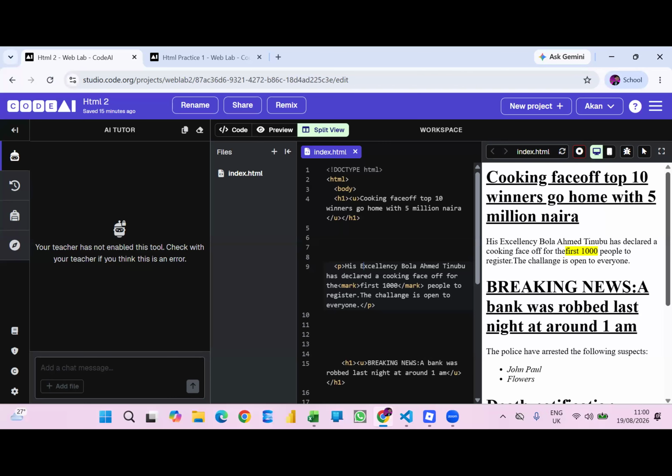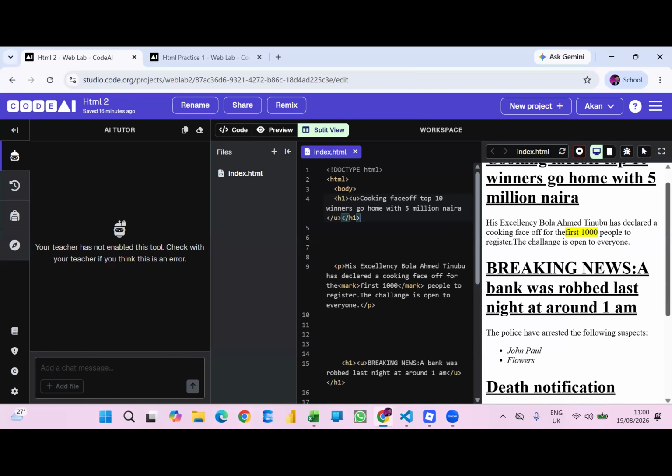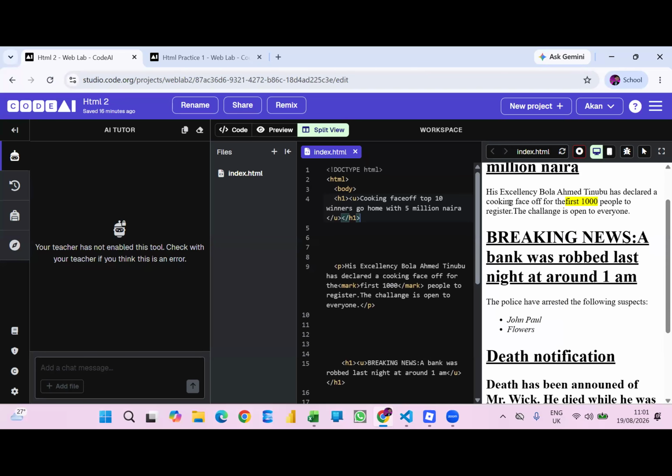I used the H1 function to give me this heading, and the U function. After the last part, I went online and found more functions. So I used this underline function to underline my work, and I used the paragraph to write this. Then I put this in emphasis, the first 1,000 people, so I put the mark here and here.